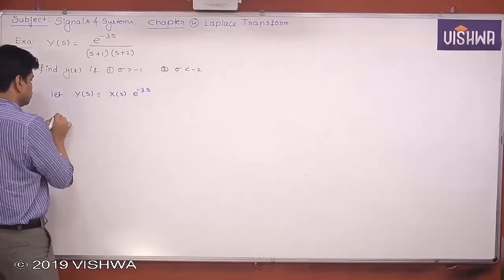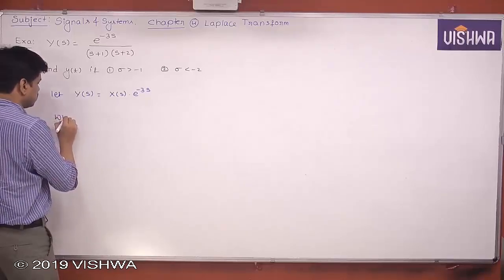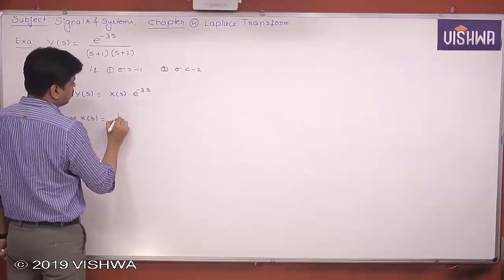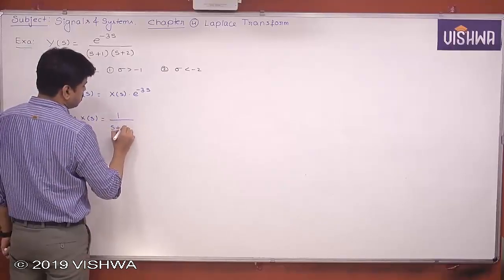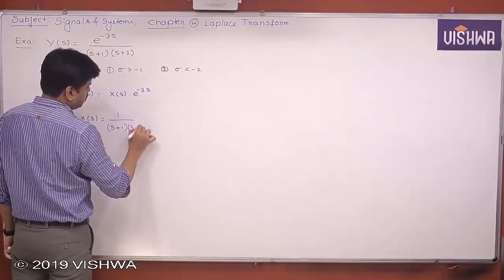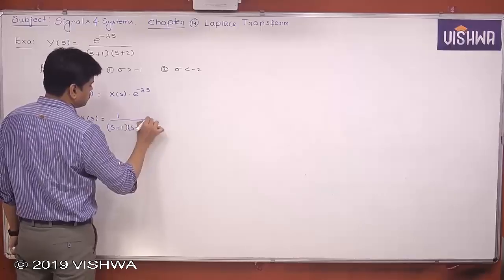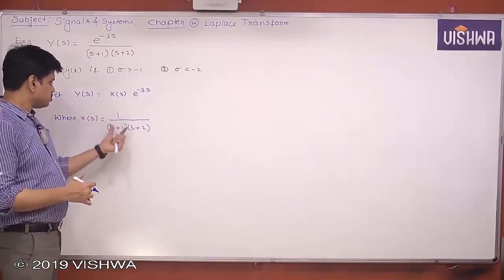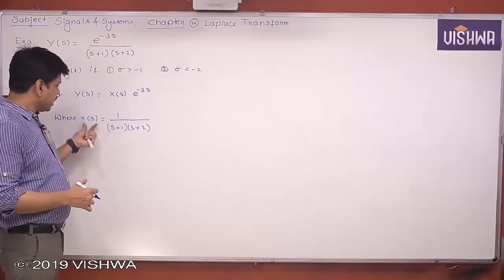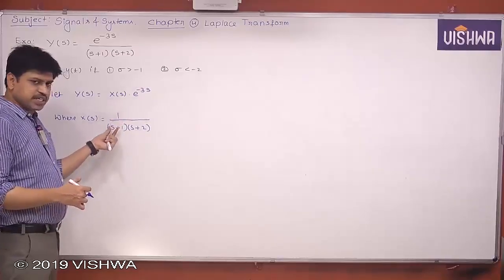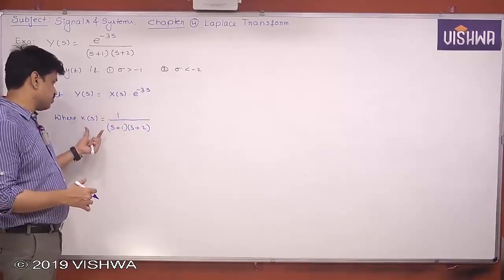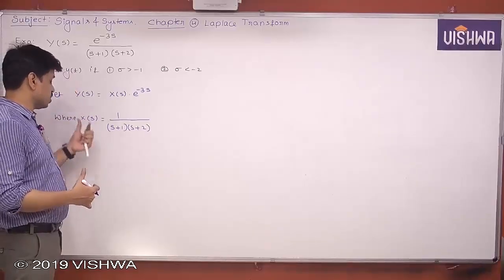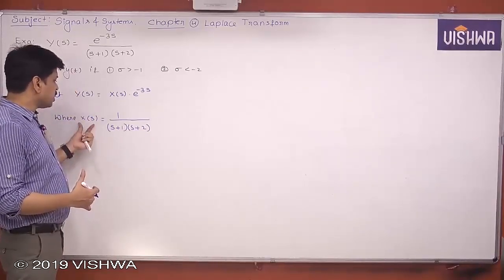Here, X(s) is equal to 1/((s+1)(s+2)). If you observe carefully, if I write like this, X(s) does not have the e^(-3s) factor, so directly I can calculate x(t). But we don't have to calculate x(t), we have to calculate y(t). So this is not the answer we require.